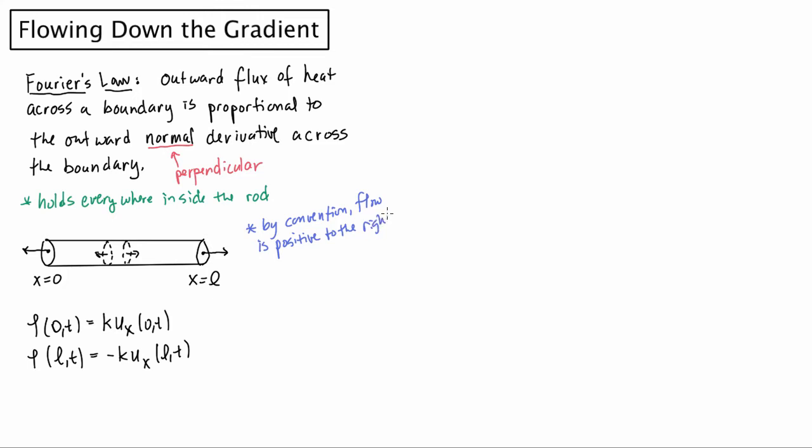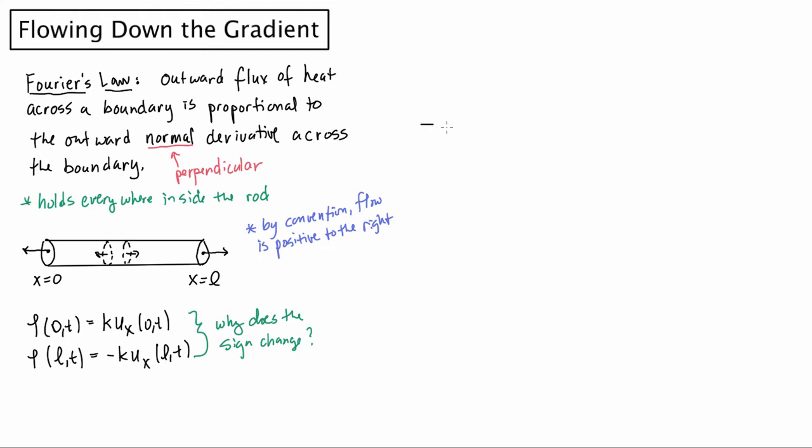So if things are flowing to the right, that's considered a positive flow. So the question that immediately comes up here is, when you look at these two expressions, why does the sign change? And that's a great question. It's a question that students struggle with in this course, and it's the question I want to answer, and I think the easiest way to answer it is with a picture.